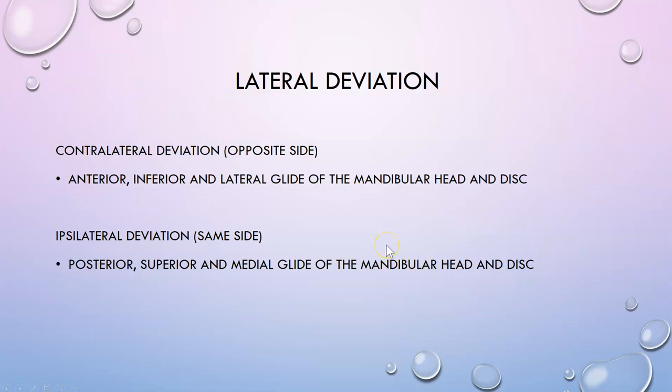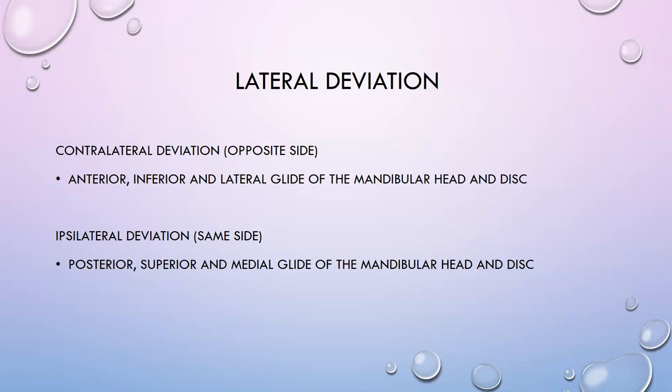So what exactly is lateral deviation? When we talk about lateral deviation, it is the jaw moving side to side. If we say that a muscle is a contralateral deviator of the jaw, contralateral meaning the opposite side, it means that if the right muscle contracts, the jaw will move left, or if the left muscle contracts, the jaw will move right.